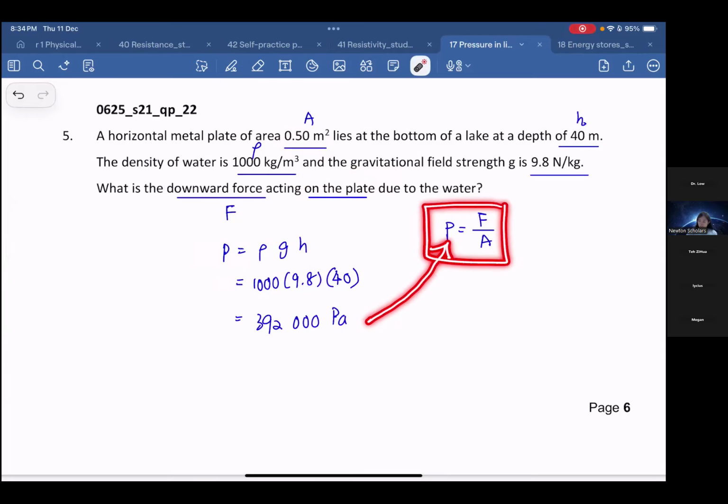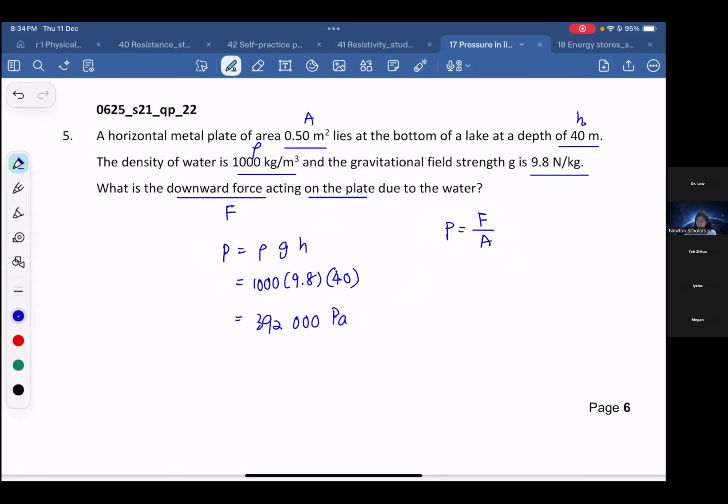You see, pressure due to the water. Is it 196,000? Yes, correct. So here, 392,000, the force we don't know, the 0.5. Answer is 196,000, correct.